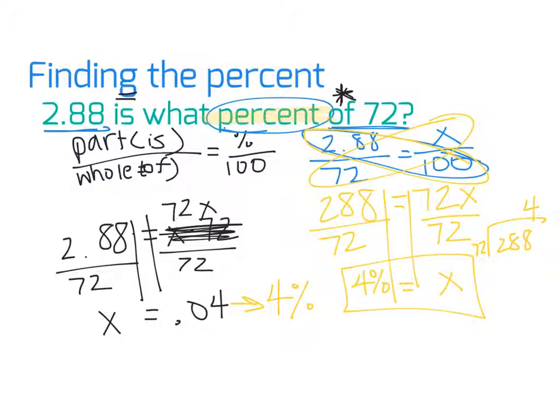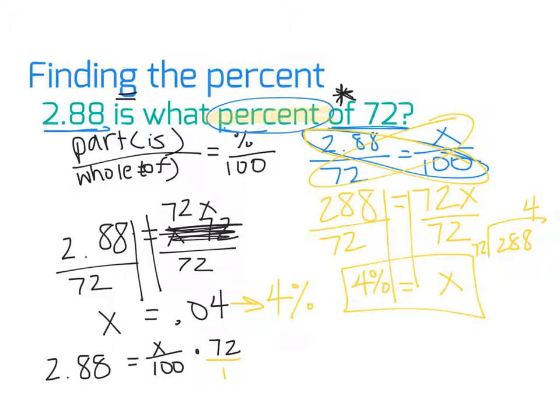The other way you could set this up, if you wanted to set this up as a fraction, is to do 2 and 88 hundredths is equal to x over 100, because that's your percent over 100, times 72. Remember, you could write 72 as 72 over 1.